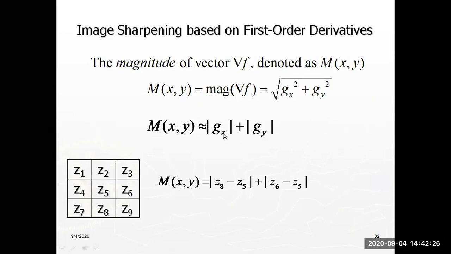How are we getting modulus of gx? It is modulus of Z8 minus Z5, plus modulus of Z6 minus Z5. So if you know gx and gy, calculate the magnitude.